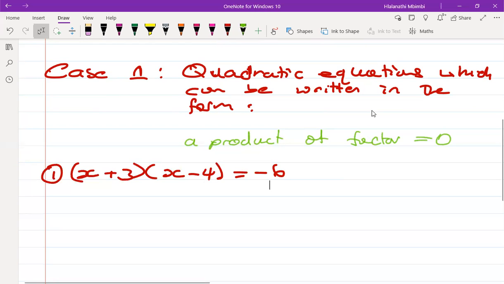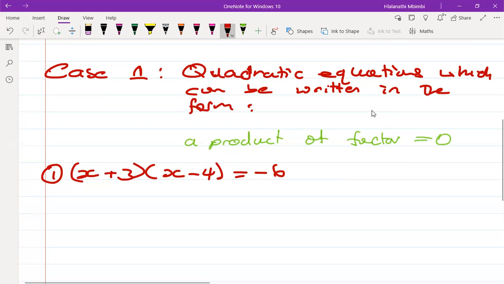But in the process of doing that, we need to multiply this out. If we take the minus 6 and bring it to that side, it's not going to work if we don't get rid of these brackets.